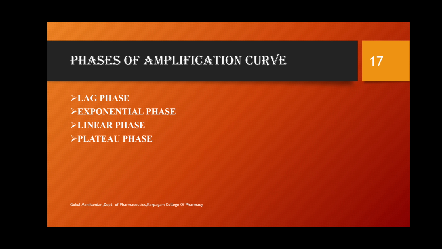The next one is the linear phase. As we already saw, in the exponential phase the DNA fragments start getting amplified. In the linear phase, it remains stable and keeps on increasing. In the plateau phase, all the chemicals start to be exhausted and the curve starts to flatten.